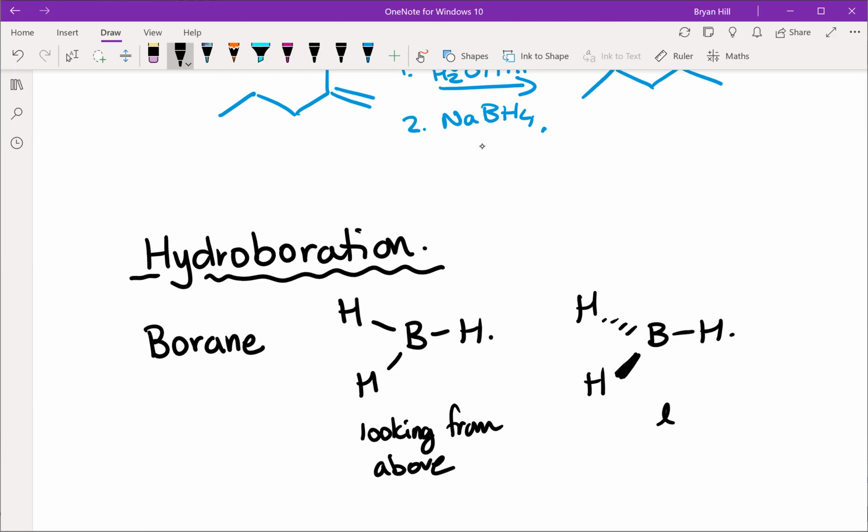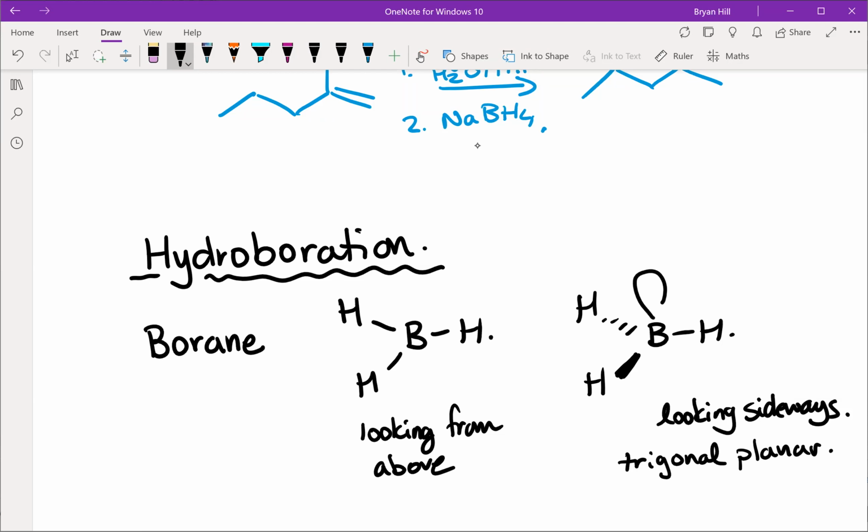And this would be looking sideways. Right, we draw it like this to show that it is trigonal planar, which means it has got this empty orbital, which means that it is what kind of reagent, if we were to loosely categorize it? Is it a Lewis acid or is it a Lewis base?